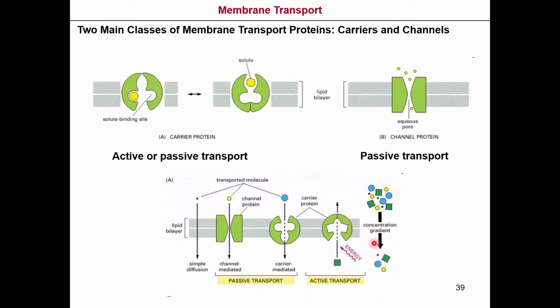On the contrary, the active transport will go against the concentration gradient. The molecule will be transported from the low concentration compartment to the high concentration compartment. So that's why it needs some energy.